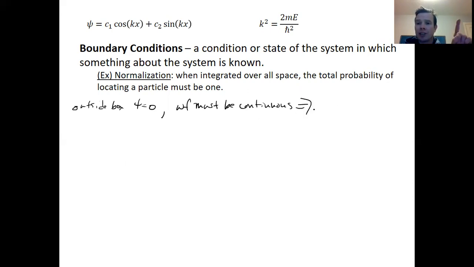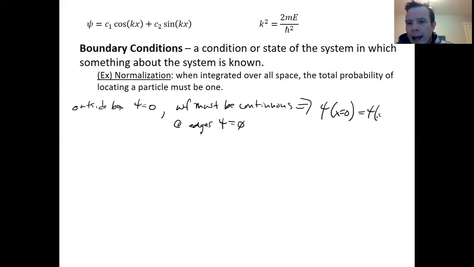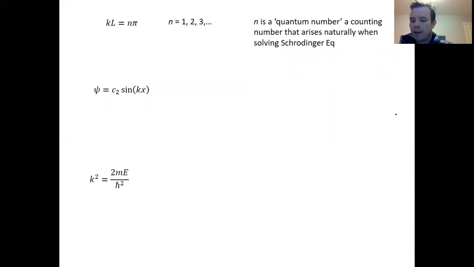Specifically, at the edges, the wave function must be 0. That will satisfy these two boundary conditions. And mathematically, you write that as follows, right? Psi at x equals 0 is equal to psi at x equals L, which is equal to 0. Right.